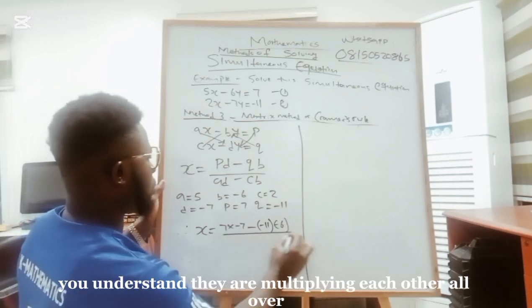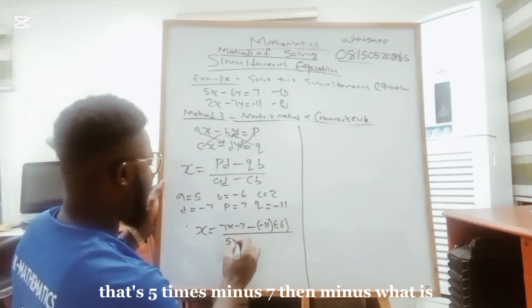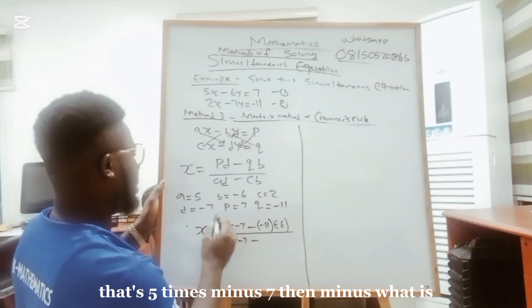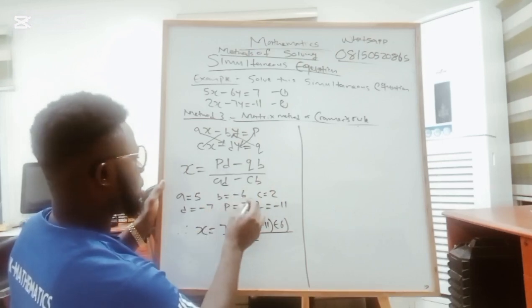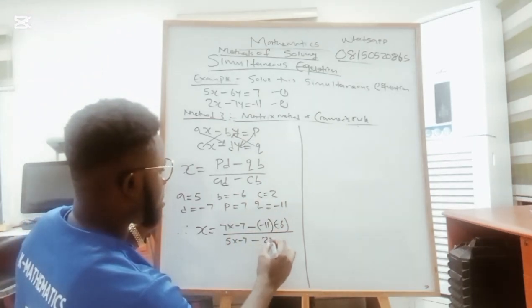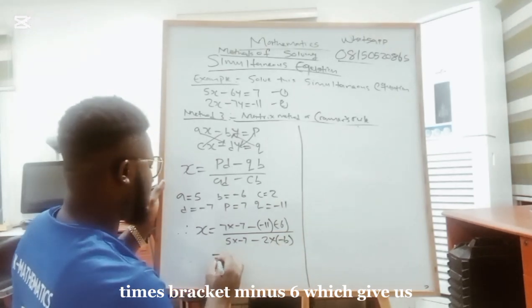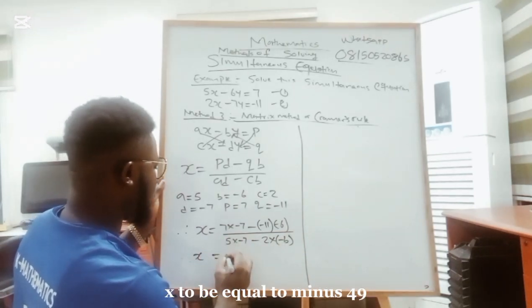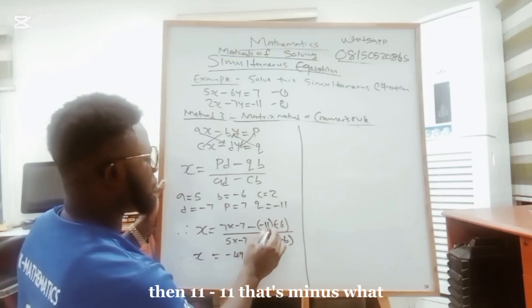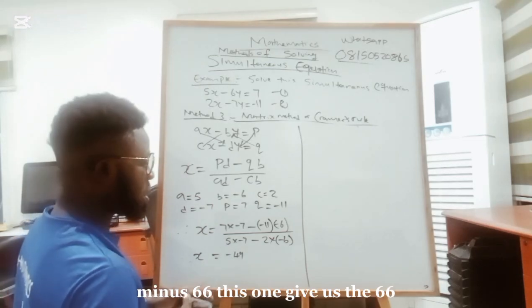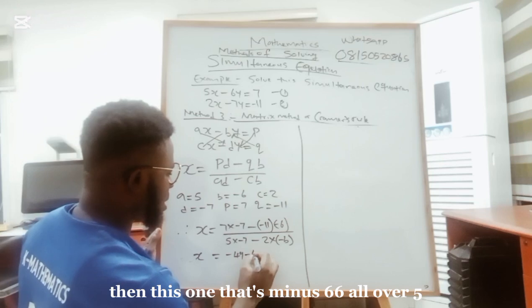You understand? They are multiplying each other, all over ad minus cb. What's ad? That's 5 times minus 7, then minus, what is cb? cb is 2 times bracket minus 6. That will give us x equal to minus 49 then minus 66, since this one gives us plus 66, and this one, that's minus 66.